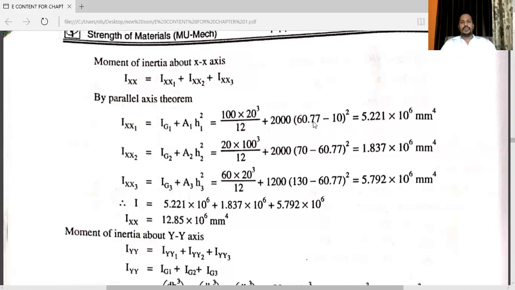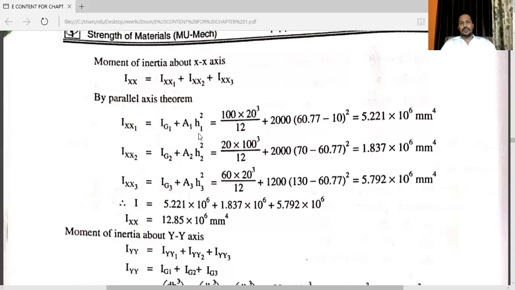See, here the value of y bar is 60.77 and the y1 distance is 10. So for Ixx1, the value of H1 will be 60.77 minus 10. For Ixx2, the H2 distance will be y2 minus y bar. For Ixx3, the H3 distance will be y3 minus y bar.